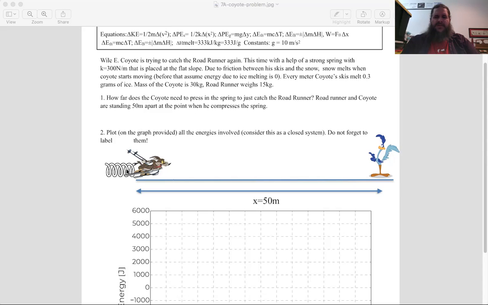If you compare the initial situation, just launching from the spring, to the final situation, reaching the Roadrunner, what kinds of energy would be changing from start to finish?